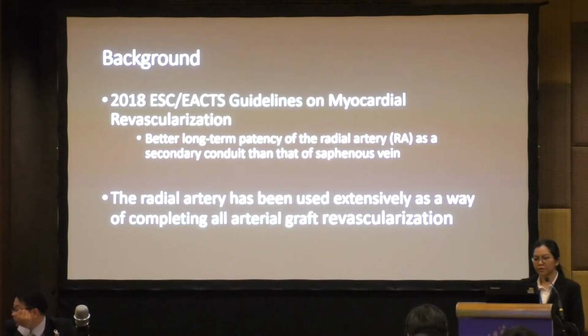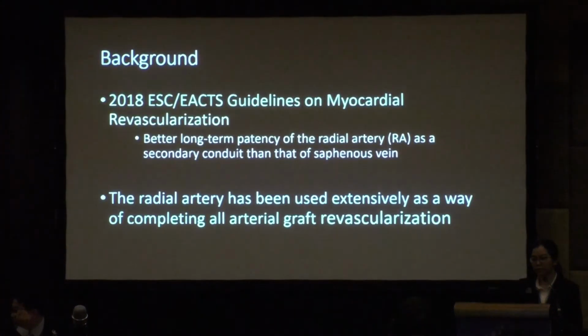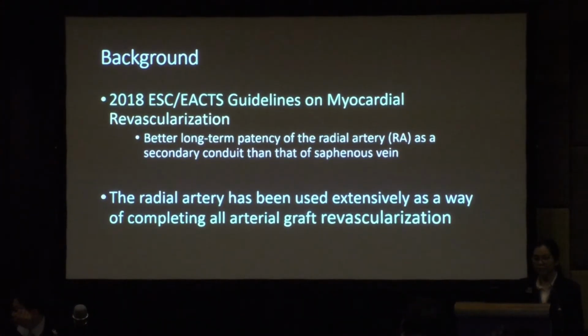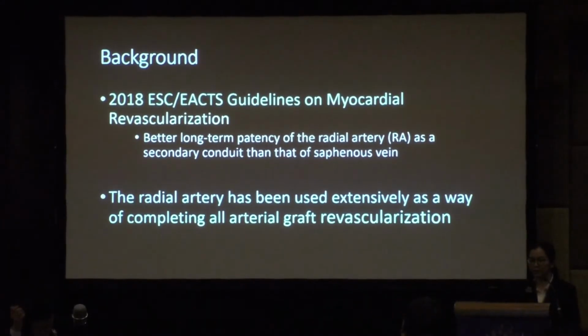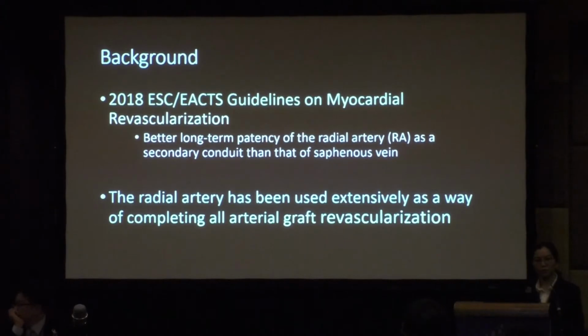Moreover, the radial artery has been used extensively for completing arterial revascularization. In some patients who have problems with the lower limb, using the radial artery reduces the use of saphenous grafts. So we wonder if we had a way to encourage using radial artery conduits, it should be a better way for the patient.